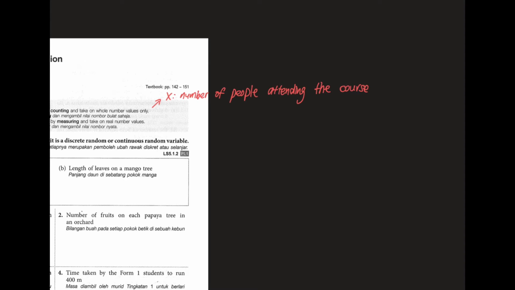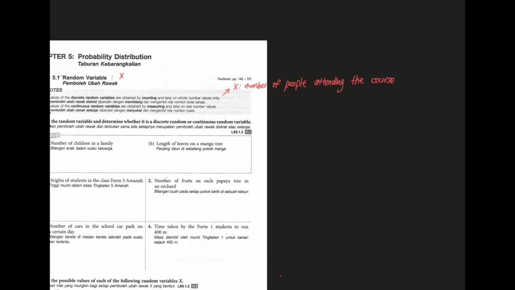Okay, so number of people is discrete because you have to count to get the number of people, and they can only take whole number values like 1 people, 2 people, 3 people, and so on. So it cannot take a number other than whole number, like they cannot take 3.8 people, cannot. Okay, so we cannot take decimal number for the number of people.